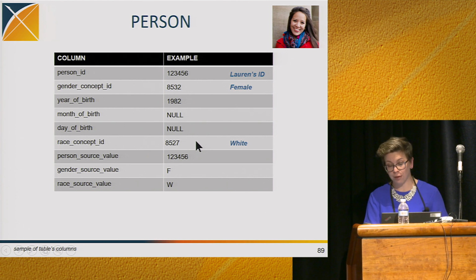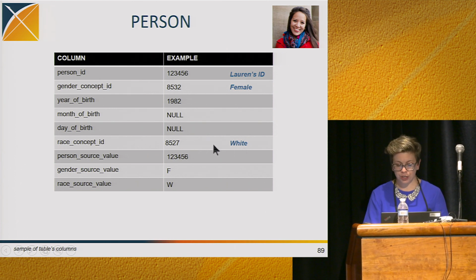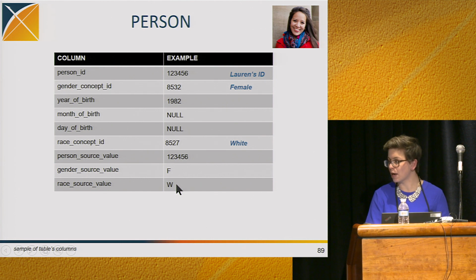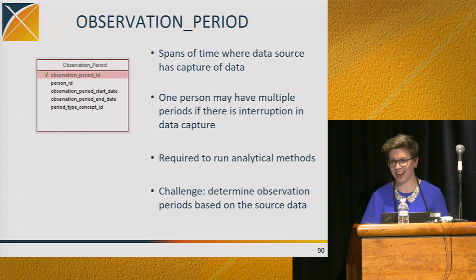We don't know her month of birth. We don't know her day of birth. That's all fine. And she has listed herself as being white, which we can also standardize. Just like male and female, the races can come across in a lot of different funky ways. In this case, white was just listed as W. Any questions on that? It's pretty simple, right?